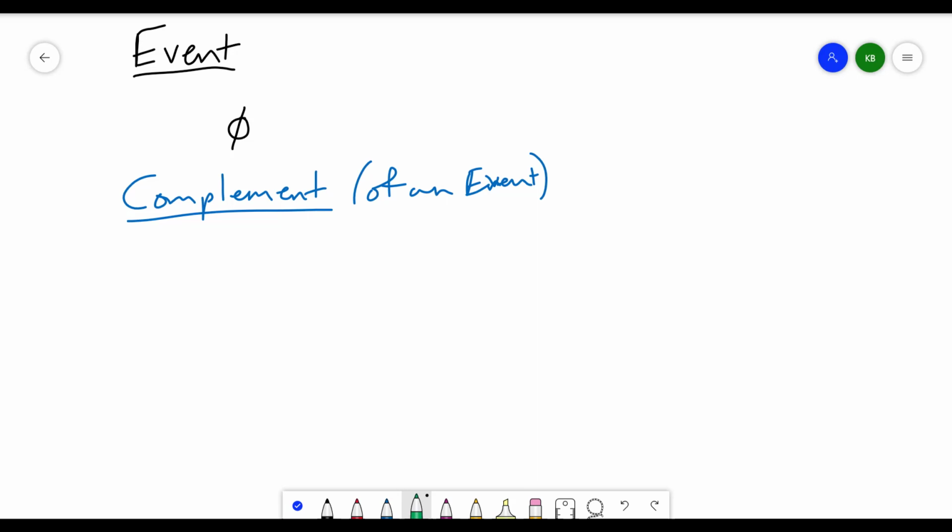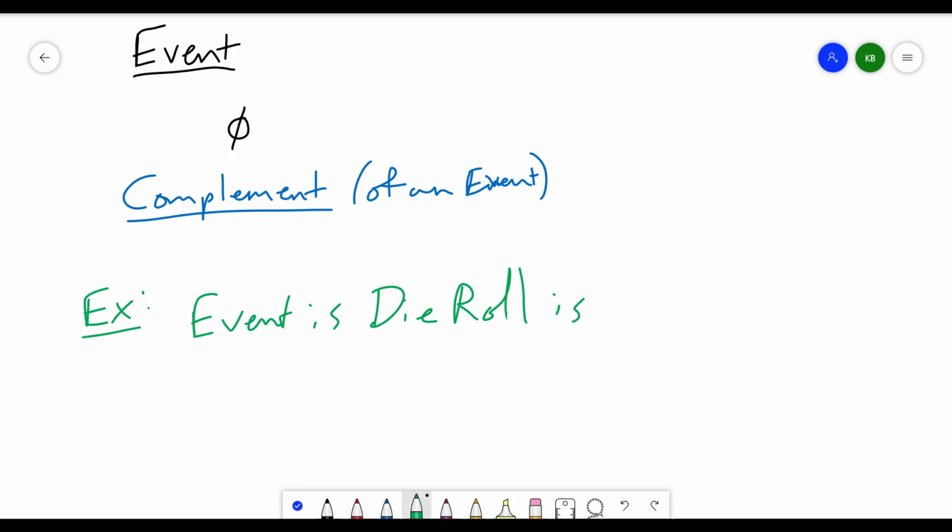So say my event is the die roll is even. So my event is going to be that the die roll comes out 2, 4, or 6. And I'll call that event A.